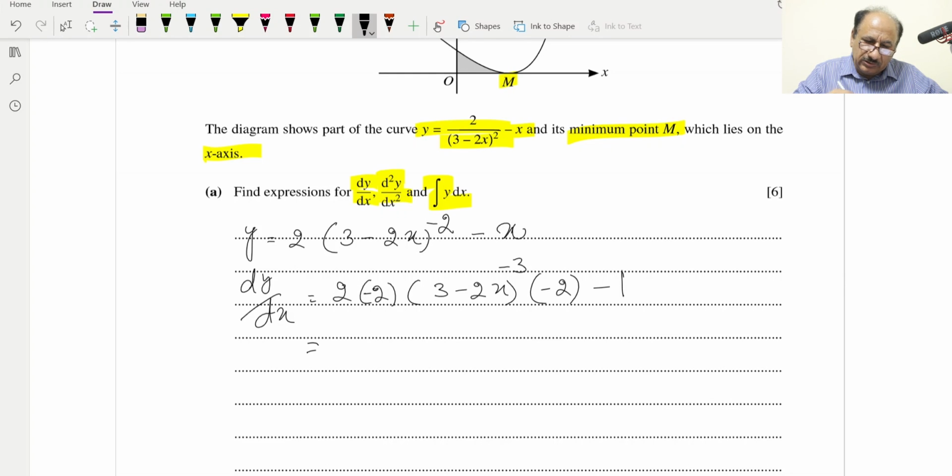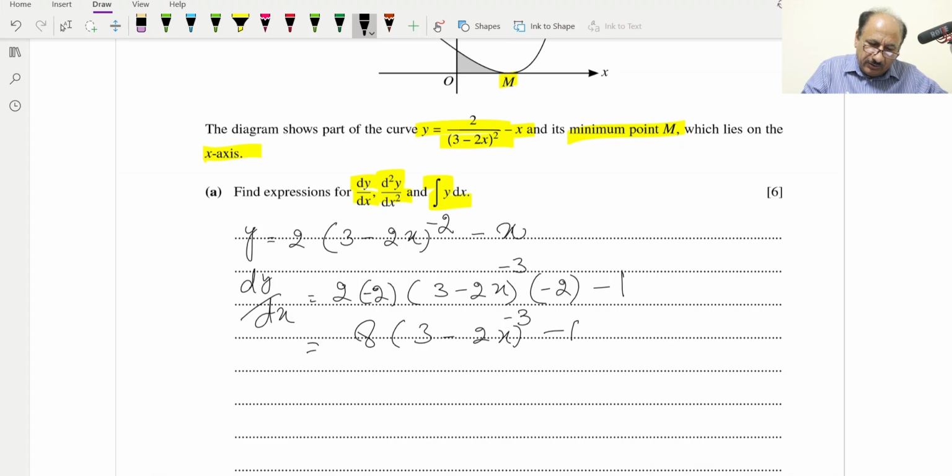Now we can simplify. This will be 2 into minus 2 which is minus 4, into minus 2 which is 8, so this will be 8 into (3 minus 2x) raised to the power minus 3, and minus 1.